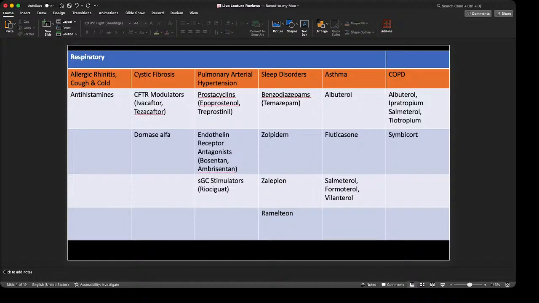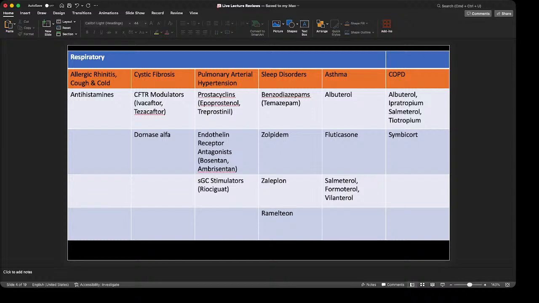There is a side effect there, as some of you might have read in your books: albuterol may actually cause a decrease in potassium levels. So for someone taking something to decrease potassium along with albuterol, I would not recommend that.